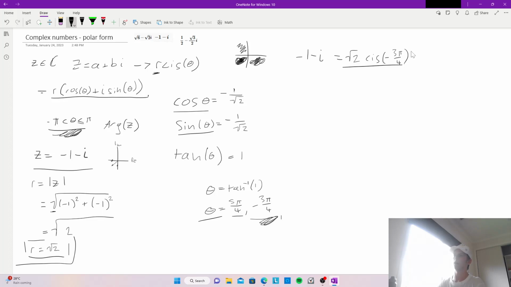So I'm actually just going to see if I can do it up here. We know that square root 2 cos negative 3 pi on 4, plus i sine negative 3 pi on 4.